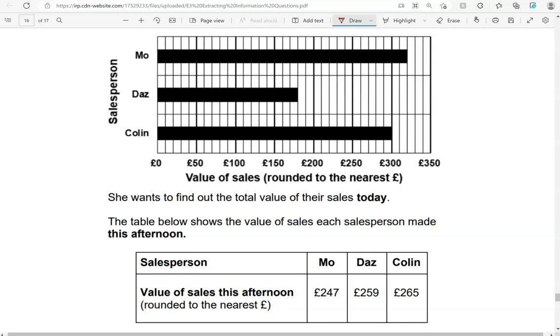So we have Mo here, who has made between 300 and 350 in the morning. So 310, 20, 30, 40, 50, so that works. So this is 320 pounds in the morning, and in the afternoon they made 247.